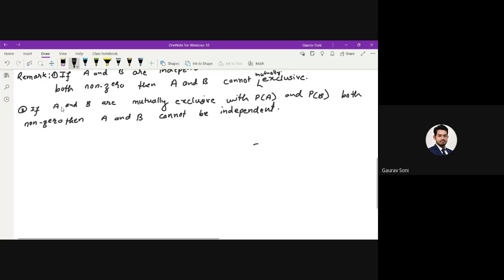Next theorem. These are small identities which are important while solving examples. Suppose A and B are two events defined on a sample space.